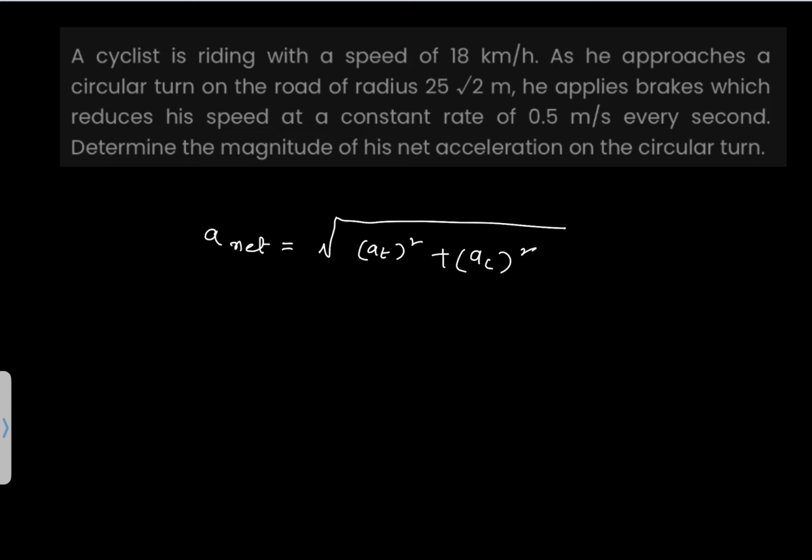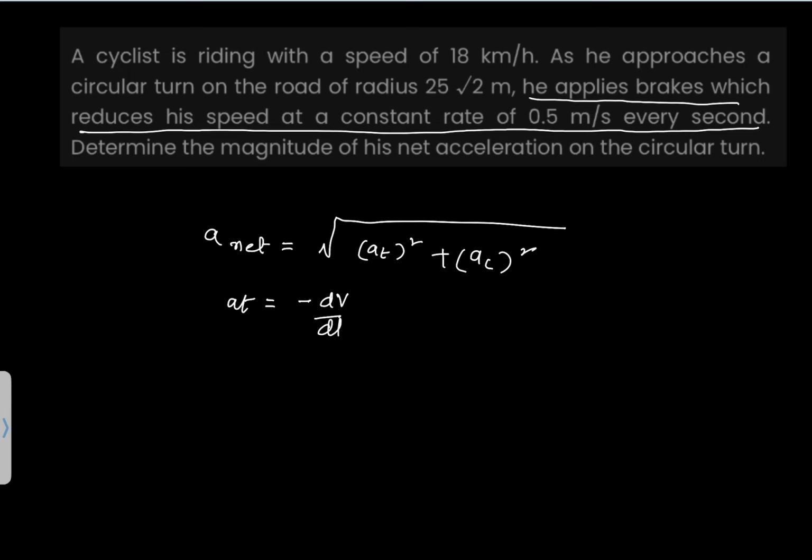So we need to calculate both. From the question we can understand that when he applies brake, he reduces his speed at a constant rate of 0.5 meter per second every second. He is talking about tangential acceleration. So minus dv by dt. Speed is getting reduced, that's why minus dv by dt, and this value is given as minus 0.5 meter per second square. So he's given already the value of tangential acceleration, 0.5 meter per second square.